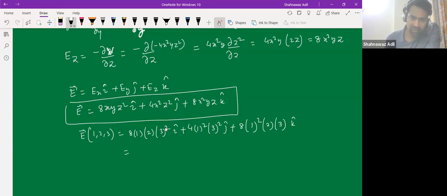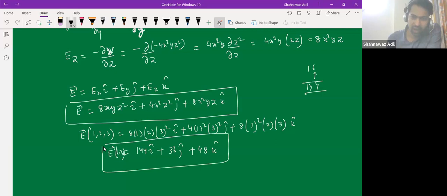So 16 into 9 is how much? 144 i hat. This is 9 fours are 36, j hat, this is 6 and 48. So this would be the electric field at that point.